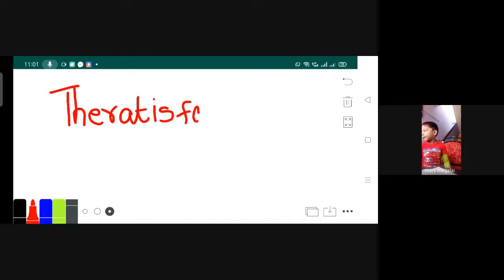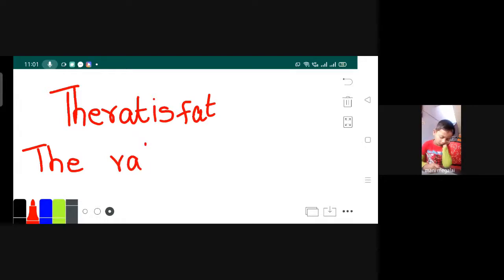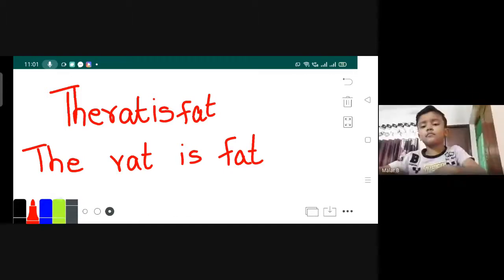Is this right? Will you write in this way? Or will you write in this way? Which is the correct way to write? First one or the second one?